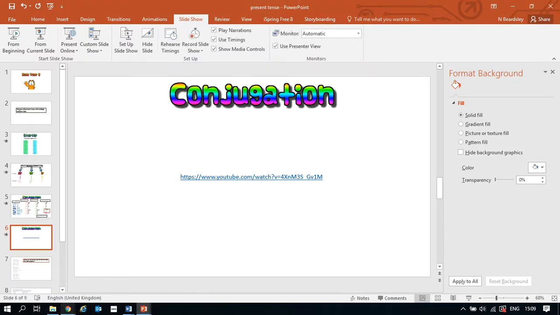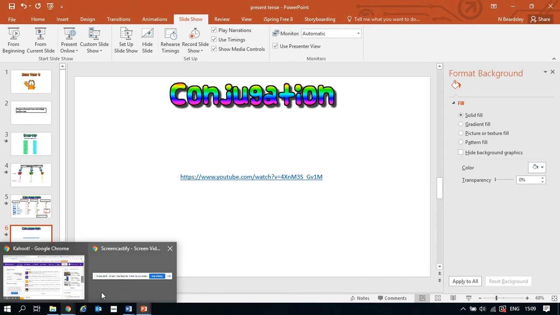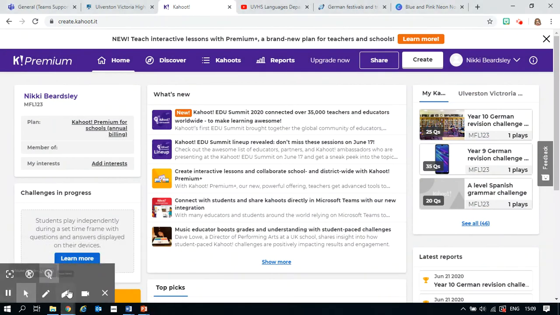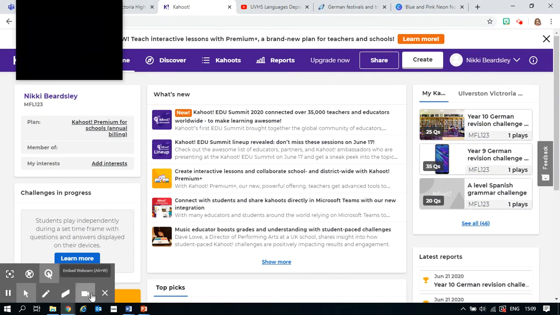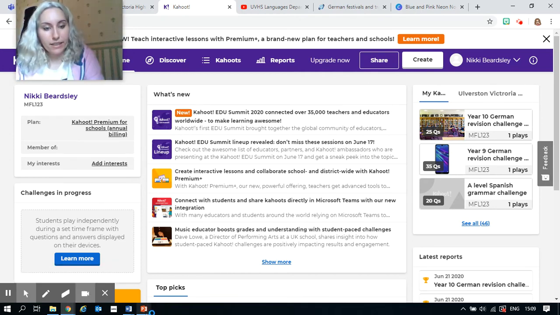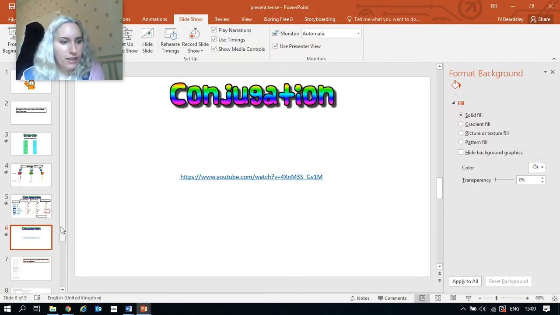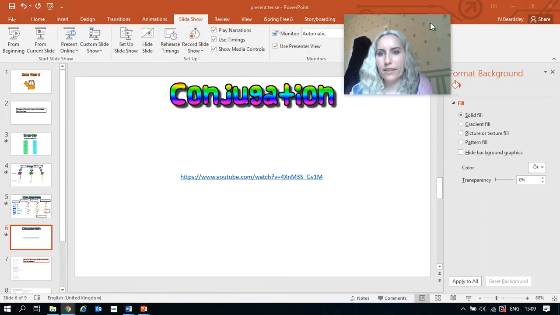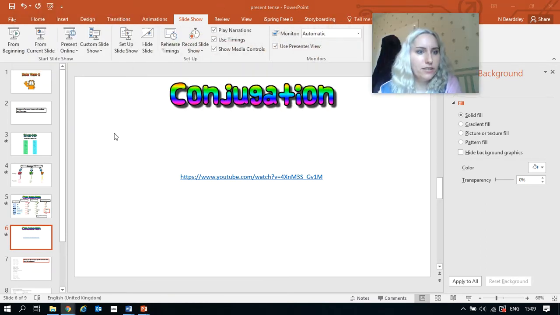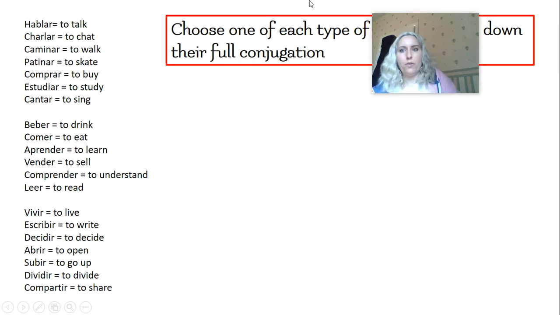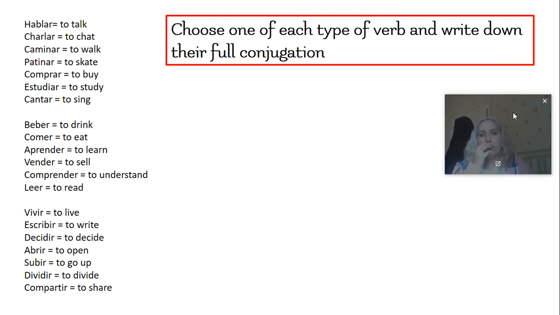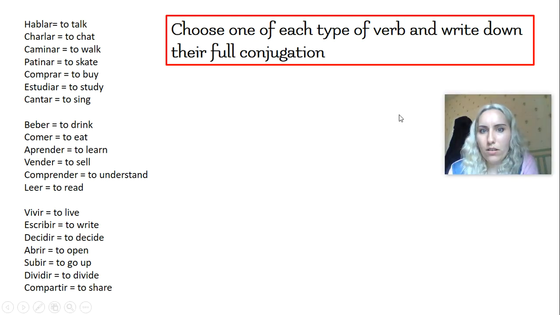Right. Let's have a look what we're doing here. Following on from the endings, now in your book or on your piece of paper, choose one of each type of verb from the left hand side and write down their full conjugation.